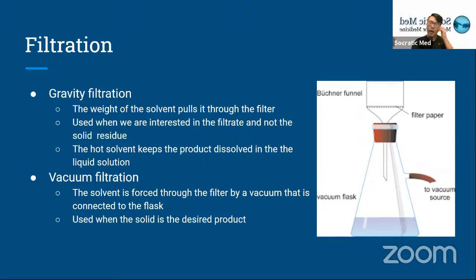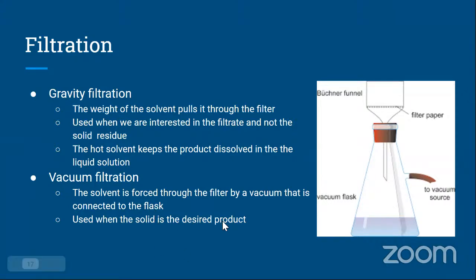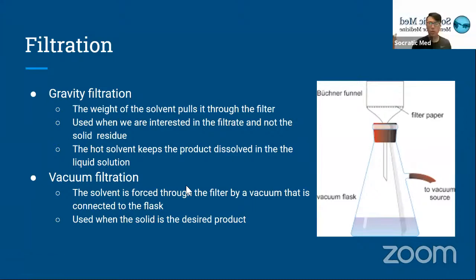So you can use it for either, but vacuum filtration is better for the solid because the vacuum will suck out as much of that liquid as possible. So you'd be left with a higher concentration of just solid instead of the liquid mixed in with it.